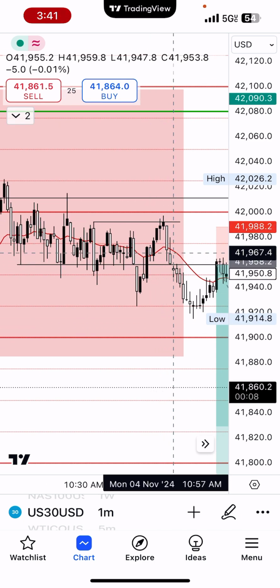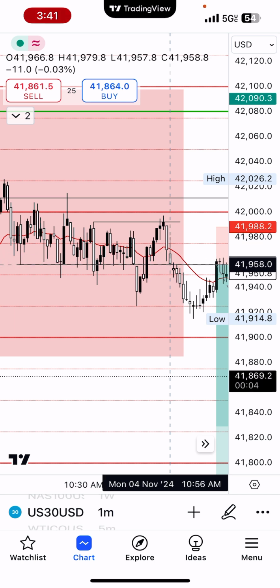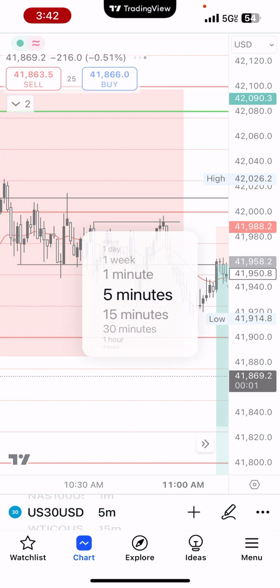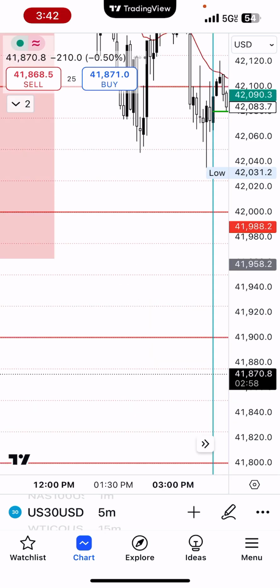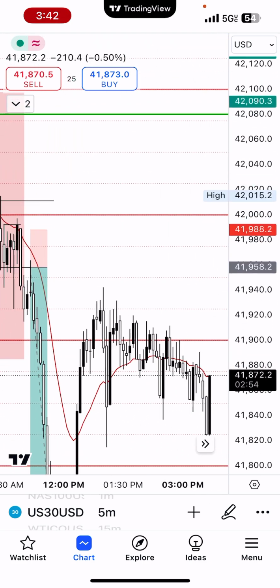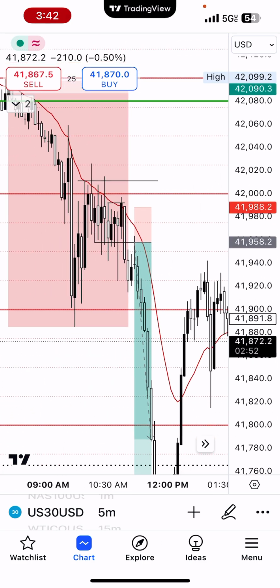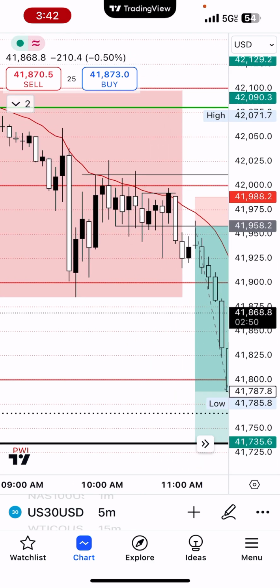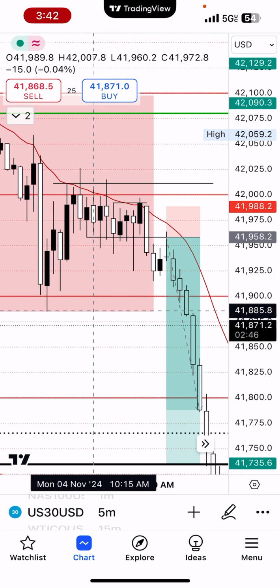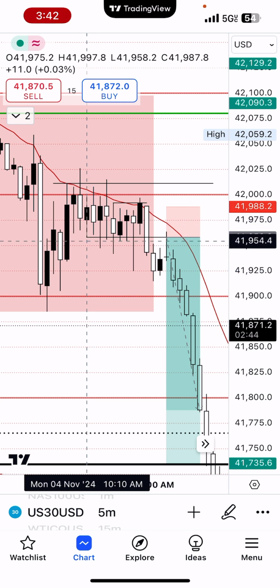When it came up and hit this, I could have entered here, but like I said, it's too choppy. So to avoid the chop and all the confusion, like I mentioned, the neckline of the M on a 1 minute is this same neckline here.